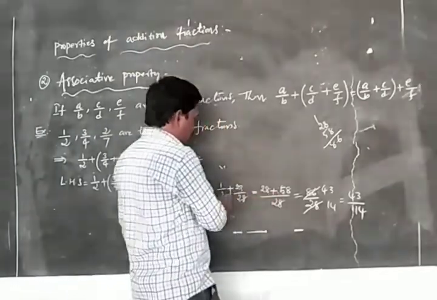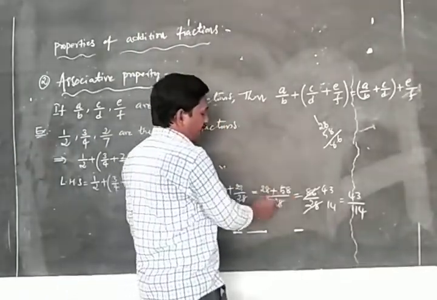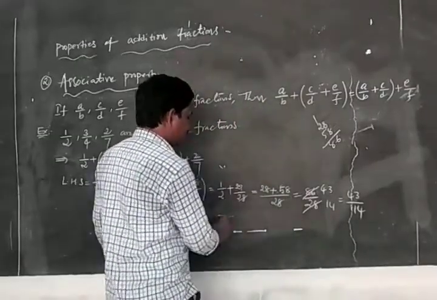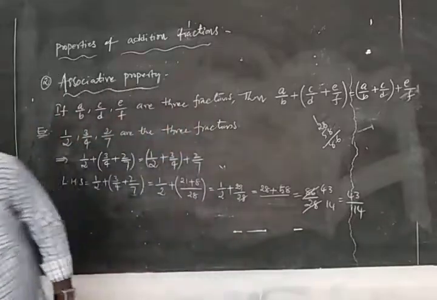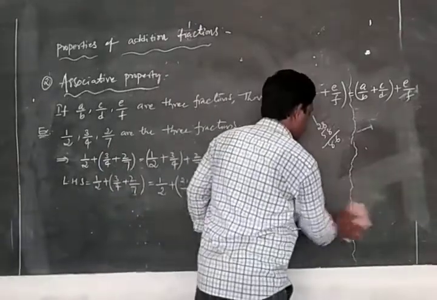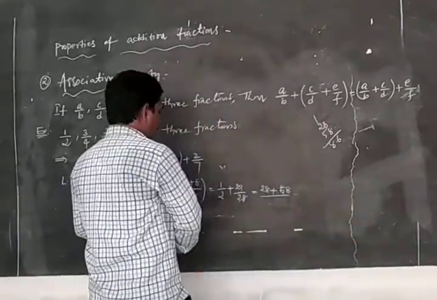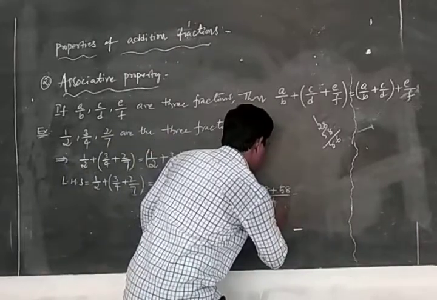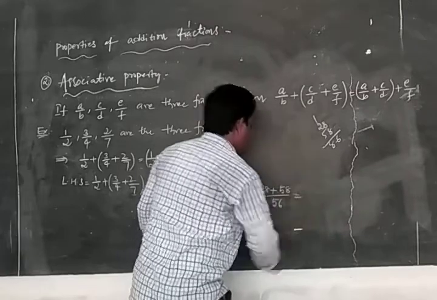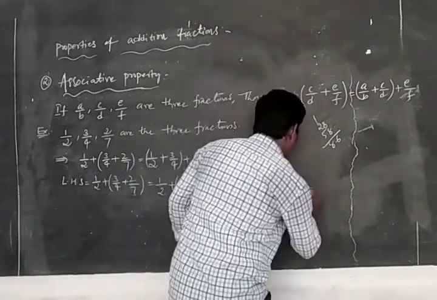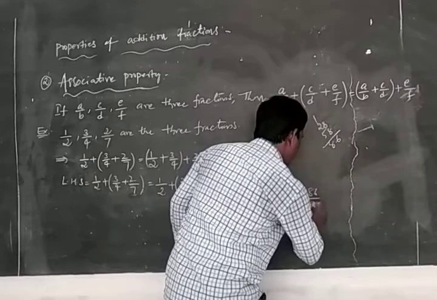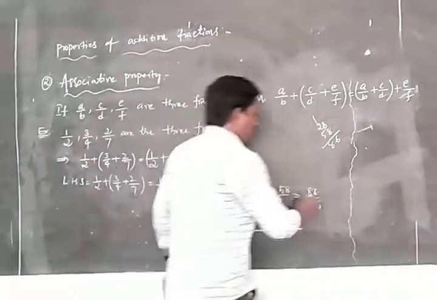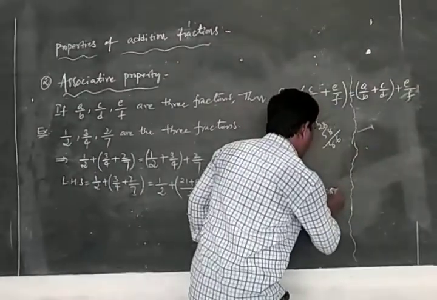Again 28 plus 2 into 29, 58 by 56. Simplify, 2 table 43 times.